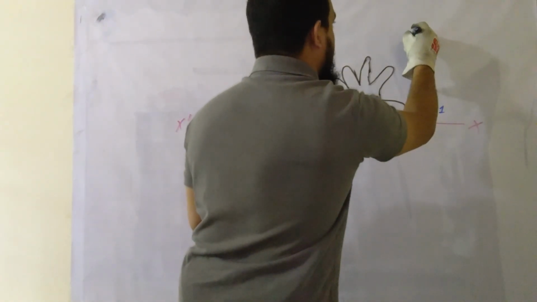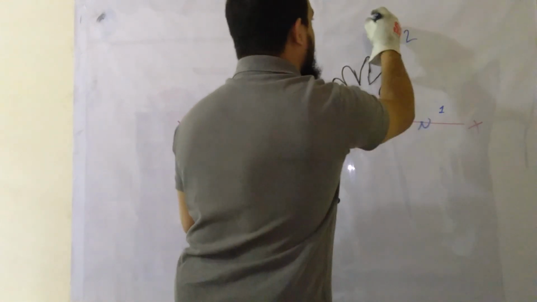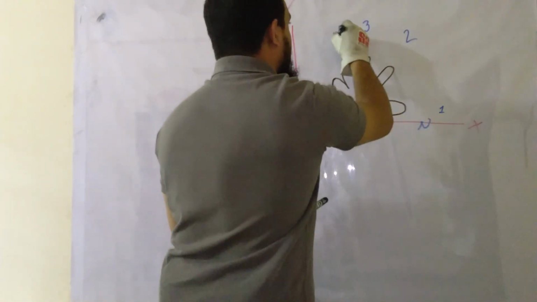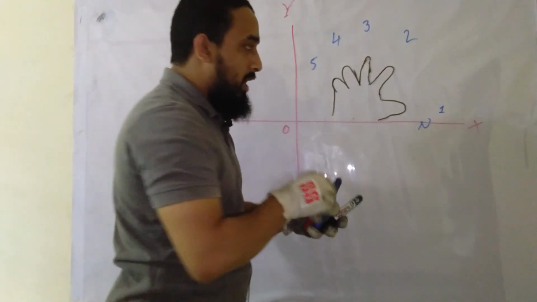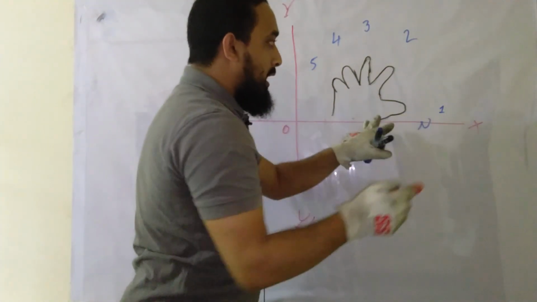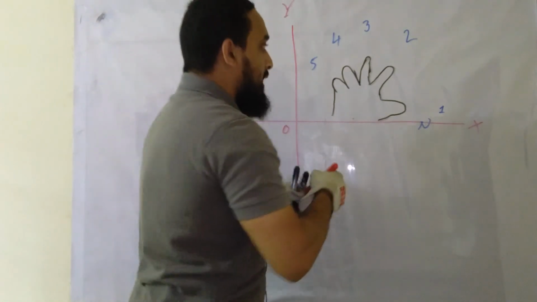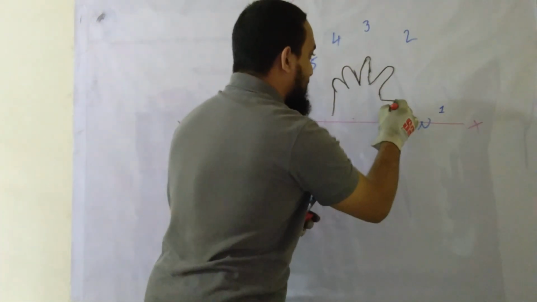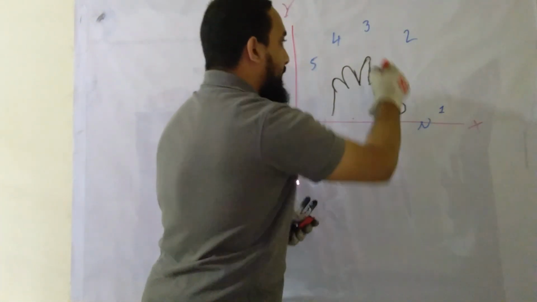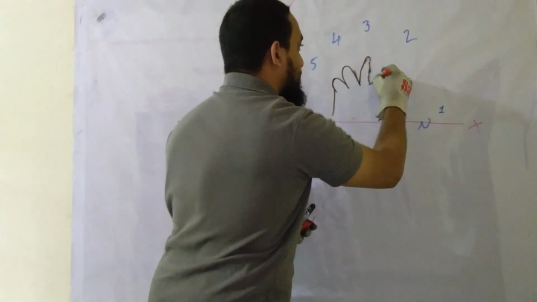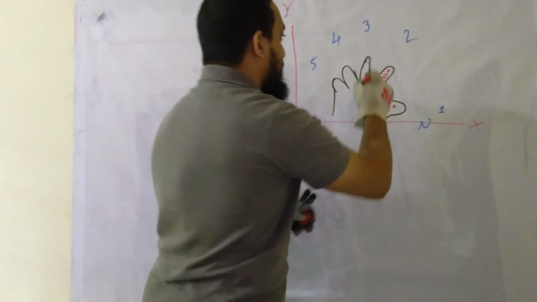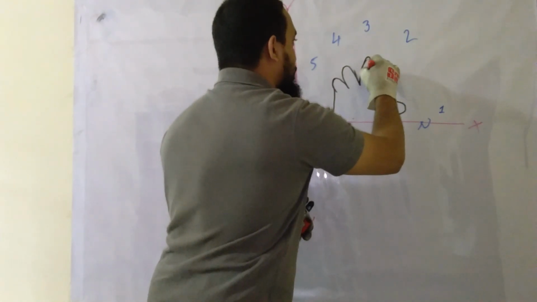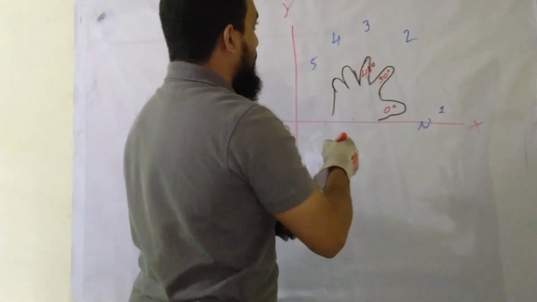this is my second finger, 2, 3, 4, 5. If I look here carefully, my thumb is along the x-axis, so I'm going to consider this one as 0 degree, this one as 30 degree, my middle finger is going to be 45 degree, the third one.